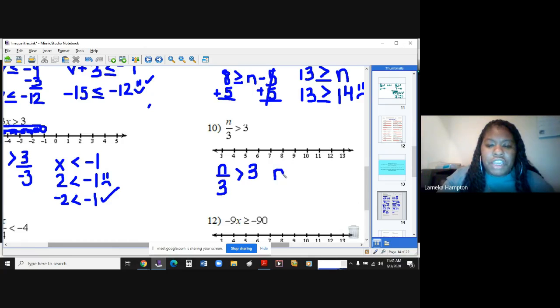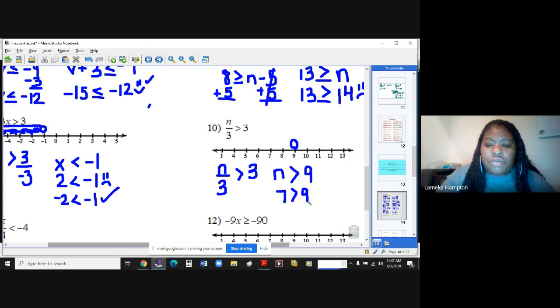So therefore, n is greater than 9. Now, I know I have an open circle because there is no line under my inequality sign. I'm going to pick a number. Let's pick 7 just for fun.